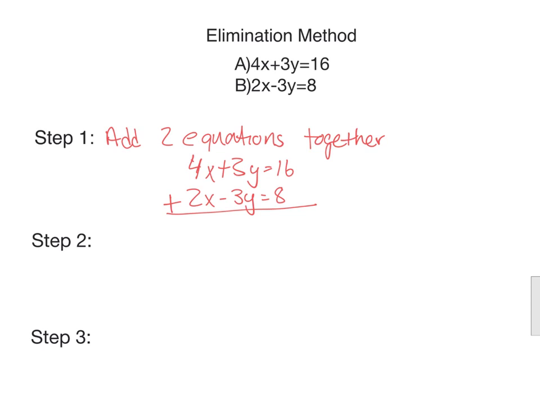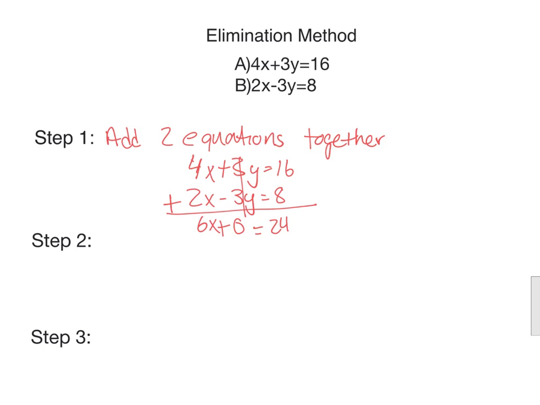So what's 4x plus 2x? 6x. Negative, or 3y plus a negative 3y? Okay, so that would cancel out. Just draw a line straight through it. Okay, so 0 equals, what's 16 plus 8? 24. Okay.